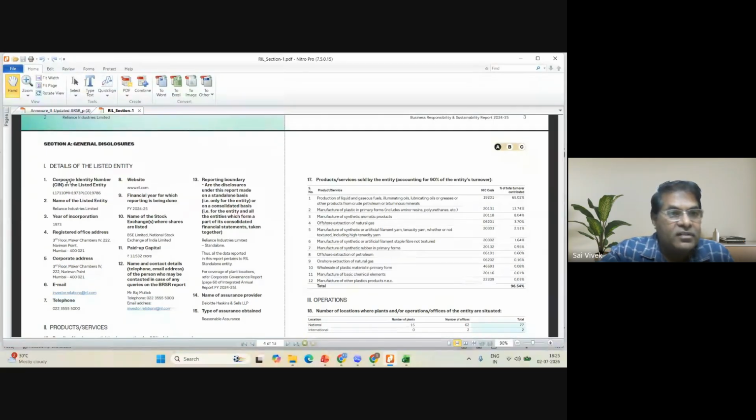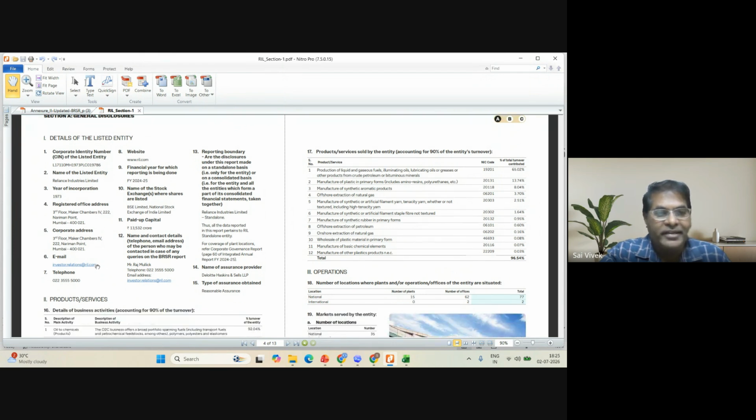So this is the CIN number. Name of the listed entity, Reliance India Limited, RIL. Year of incorporation, it was incorporated in 1973. Registered office is at Nariman Point, Mumbai. Corporate address is also given, also in Nariman Point, Mumbai. Email address is given, telephone number is given, website is given.